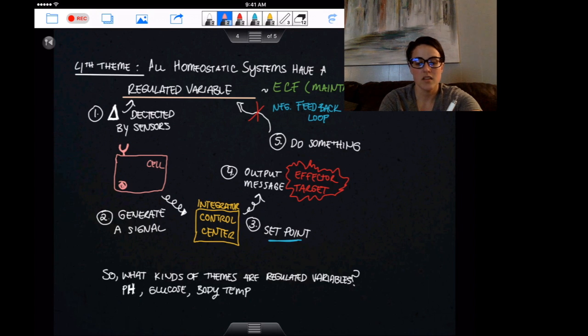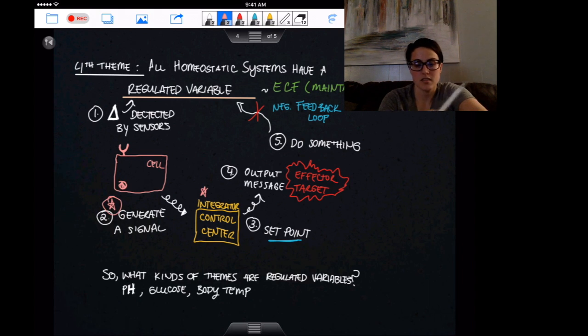Well, we have cellular mechanisms happening all over the place. We could have a cellular mechanism happening here. A cellular component could be generating that signal. We could have one happening here at the integrator system in the nervous system, receiving that signal from that cell that detected the change in the regulated variable.